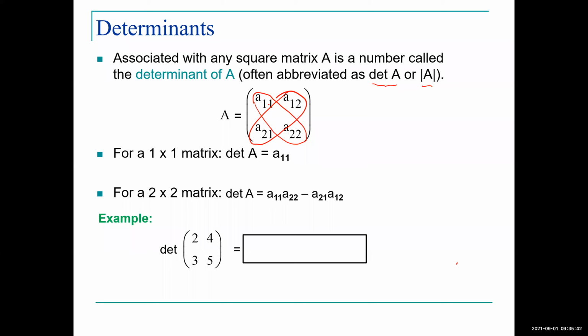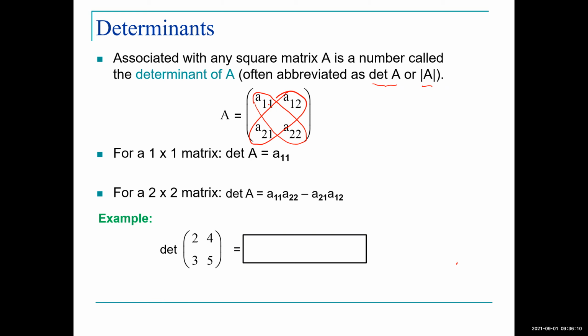For example, if we have a matrix like the one shown at the bottom of this slide, 2, 4, 3, 5, we proceed with the formula presented above. We look at A11 times A22 minus A21 times A12.